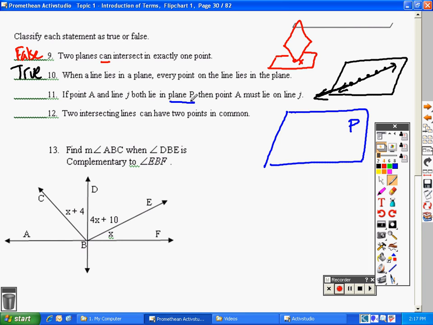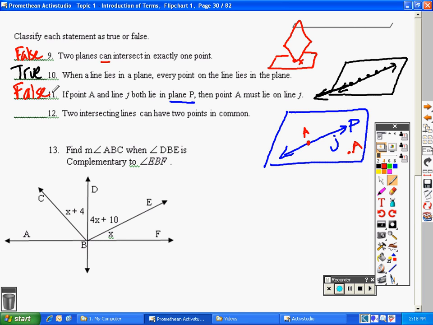So I can draw a line, line J, and the question is, when I put point A in the plane, do I have to put it on the line? Well, you could put it on the line. We could put point A here, but I could just as easily put point A here, and it will never be on that line. So this is false. They do not have to lie on the line. They can, but they don't have to.